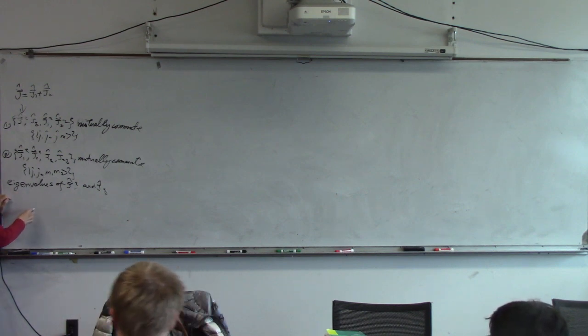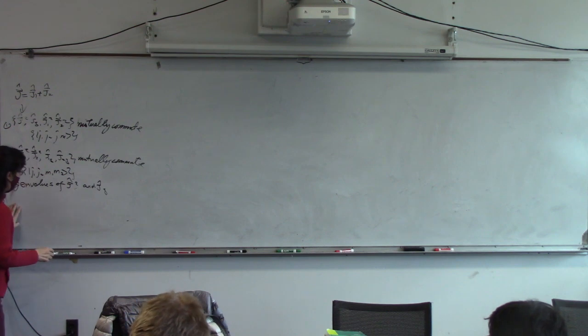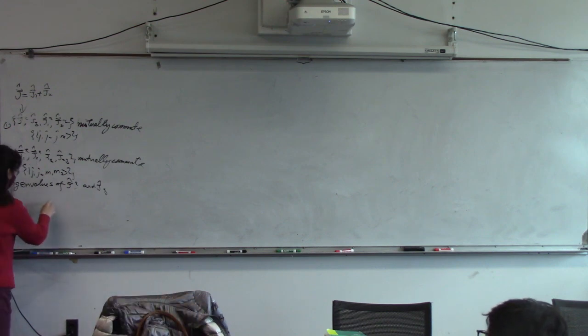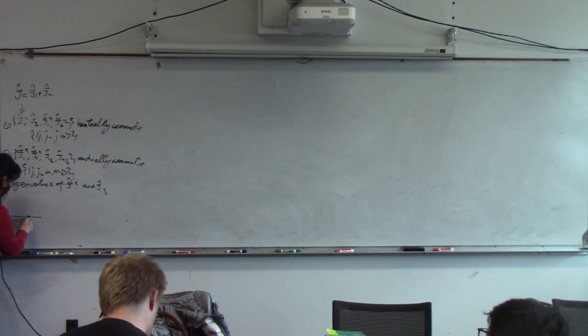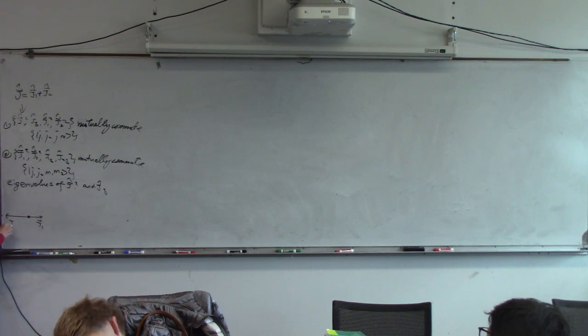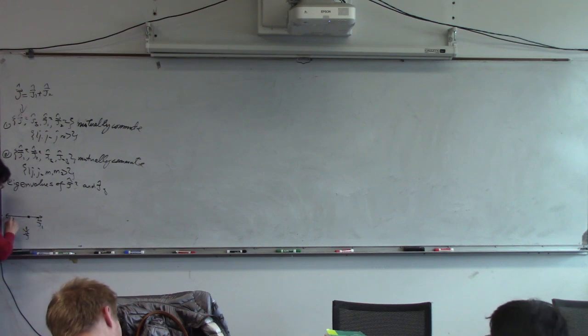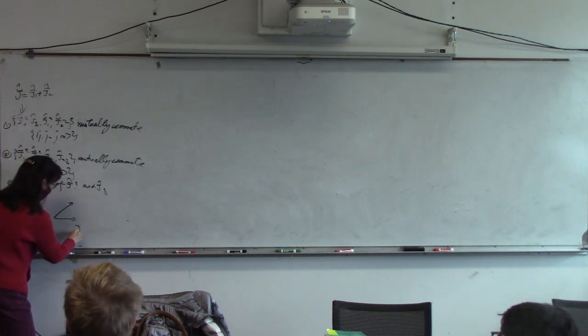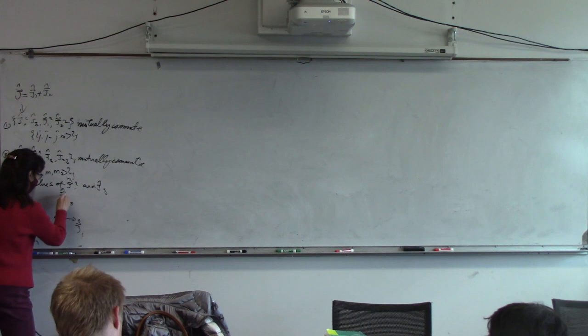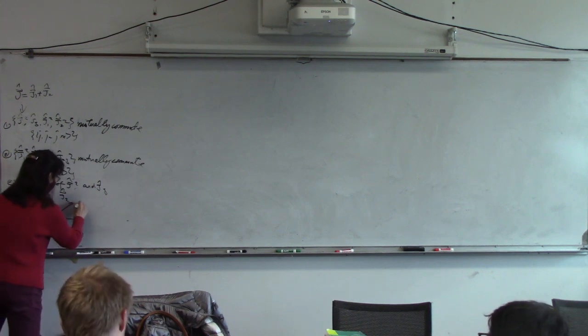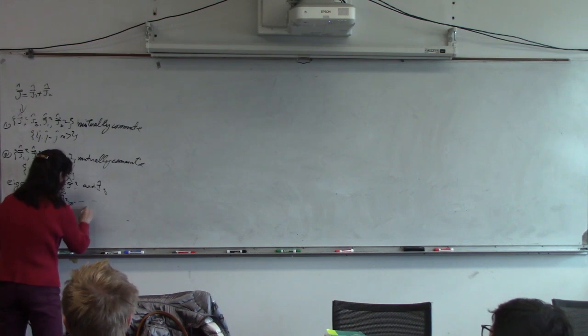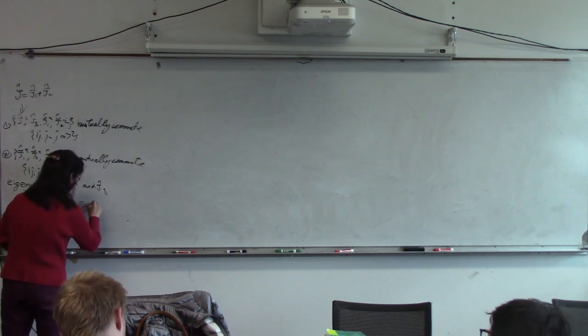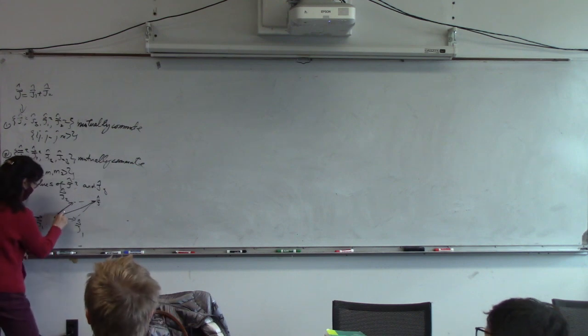Remember, this is J1, this is J2, so this gives us J minimum, right? And then in the arbitrary case, J1, J2, this gives us the total J here, and this is giving alpha.